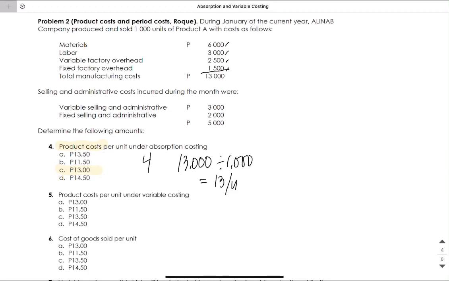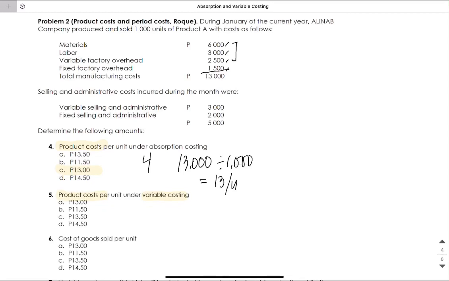13. For question number 5, product cost again, but under variable costing. Under variable costing, there are only 3 components of product cost: materials, labor, and variable overhead.